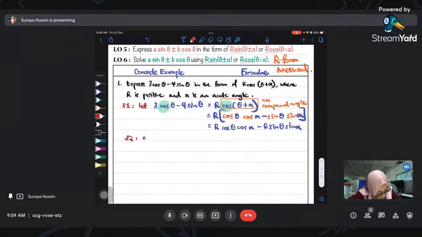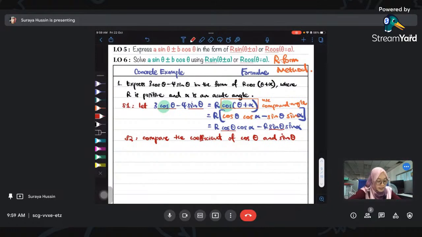Okay, and there we go with the second step. Second step is to compare the coefficient of cos theta and sin theta. Coefficient yang ini. Cos theta with the cos theta. Sin theta with the sin theta.